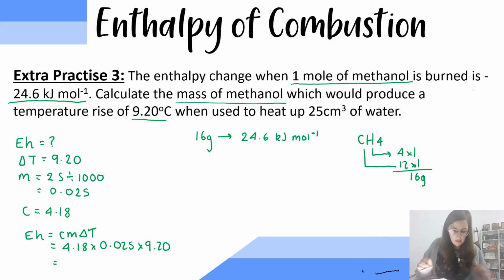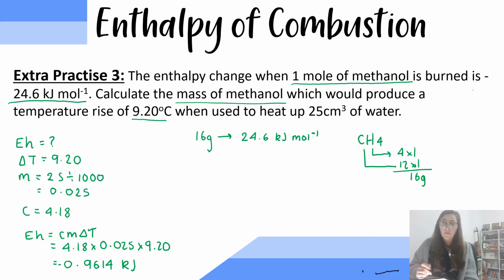I work out that the energy needed is 0.9614 kilojoules. So to heat up my water by 9 degrees, to heat up my 25 centimeters cubed of water by 9 degrees, I need 0.9614 kilojoules.